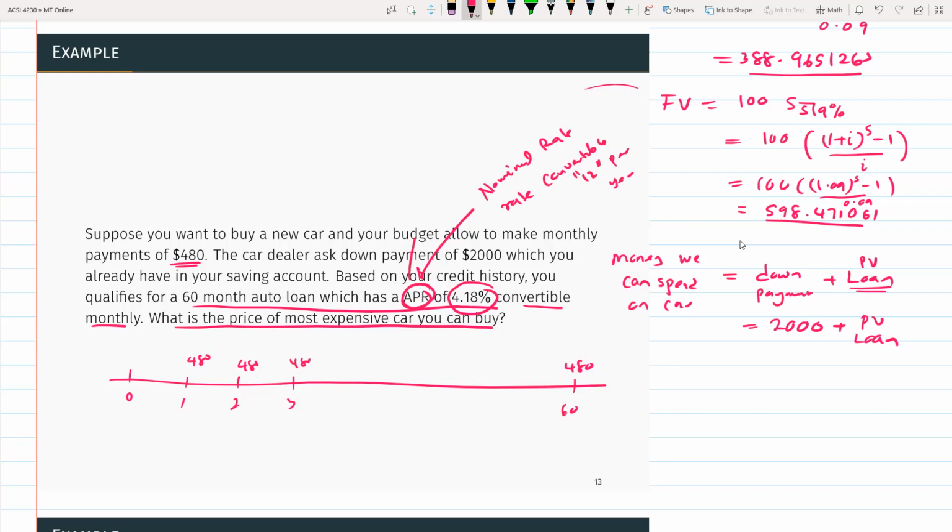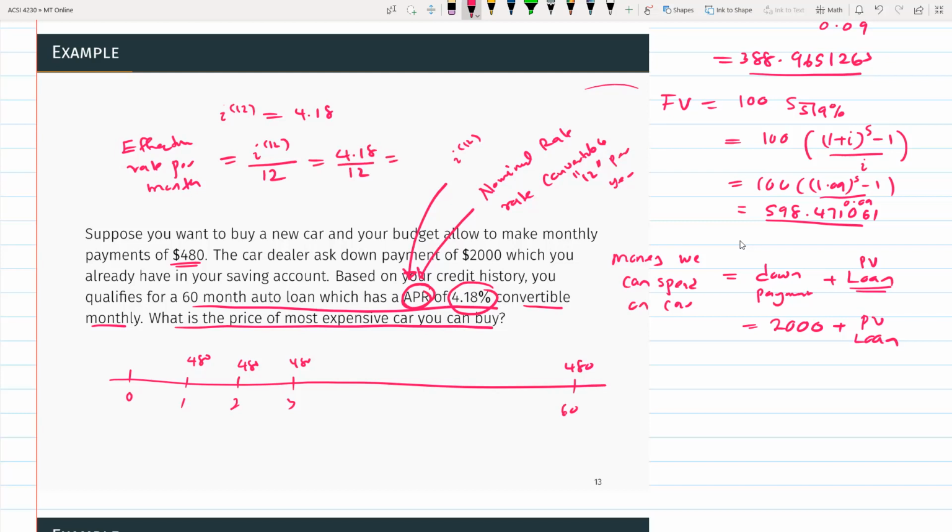So if I use mathematical notation, it's i^(12). Then what's the monthly effective rate? The nominal rate per year is 4.18. Then the effective rate per month is i^(12) divided by 12, which is 4.18 divided by 12.